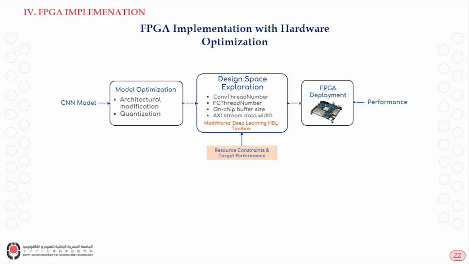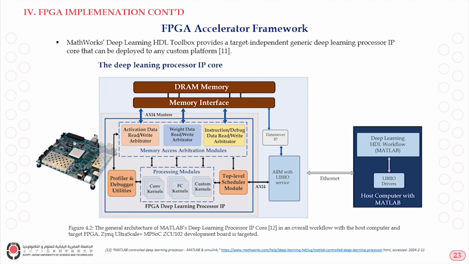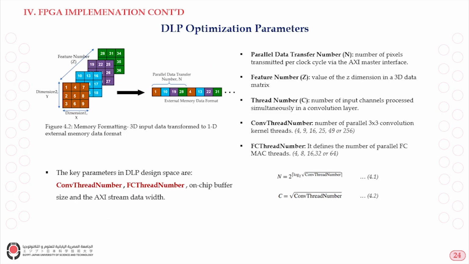Yes, so in the implementation part, we took the same model. We adopted a framework that is available in MATLAB that gives us the opportunity to configure the optimization parameters. Because memory is the key challenge, this tool enables us to configure how we read memory.